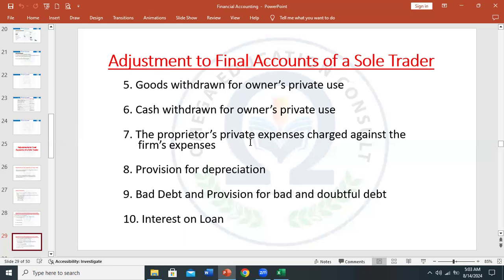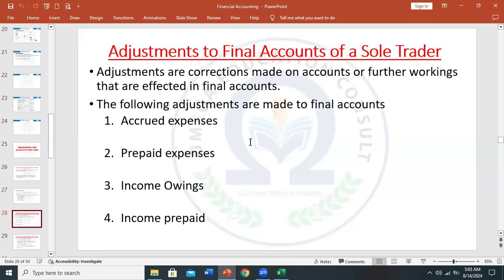Majority of students believe that it is very difficult, but please, from today, don't ever conceive that depreciation is difficult, because immediately you have that conception, you set yourself to struggle with it. We also look at bad debt and another provision, but this time for bad and doubtful debt. We'll explain these terms. And then finally, interest on loan. So these are the 10 adjustments we have to go through quickly.